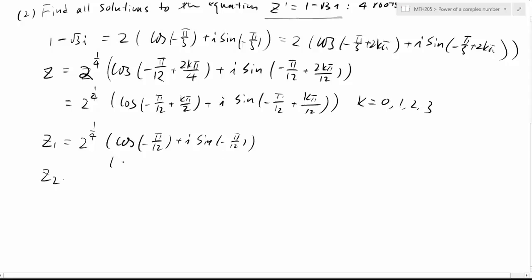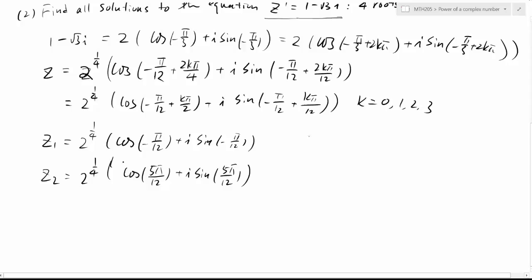Let's look at z2. It has the same modulus, 2 to the power 1/4, and we have cosine. Now negative pi over 12 plus pi over 2 will give us 5 pi over 12, and then plus i sine 5 pi over 12. So that's the second one.